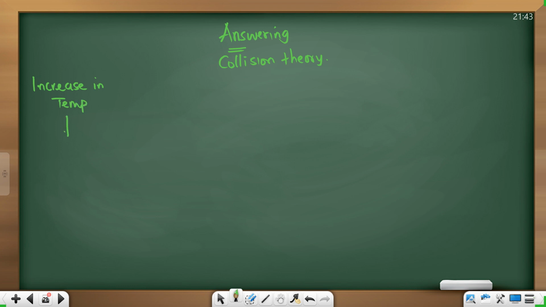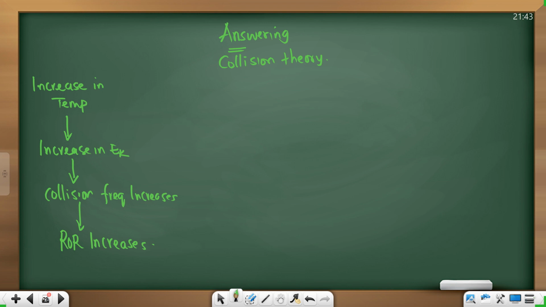Increase in kinetic energy. What happens? Collision frequency increases. And what happens? Rate of reaction increases. This is how your answers must flow.